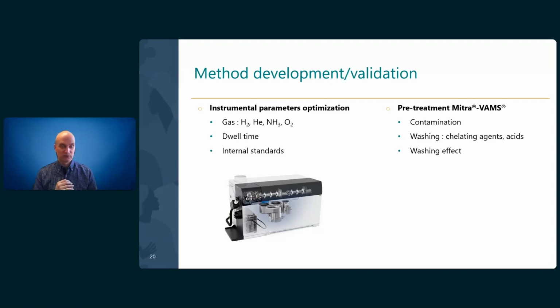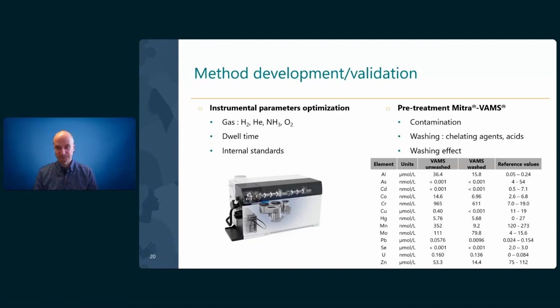We also checked the effect of washing, because yes, of course, we want to reduce the contamination, but we don't want to alter the capacity of the Mitra VAMS devices, the absorption capacity. So we want to make sure that they are intact after washing, after lowering the levels of contamination.